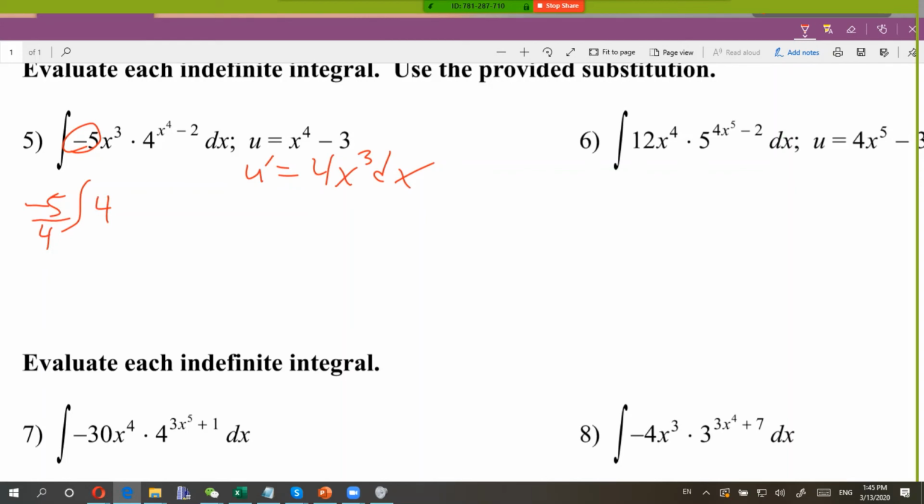That gives me -5 over 4 on the outside of the integral, times the inside of the integral, 4x cubed dx times 4 to the x to the fourth minus 2. If I make that substitution, u is x to the fourth minus 3.